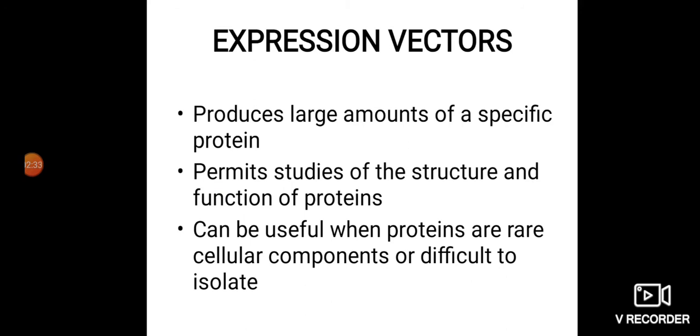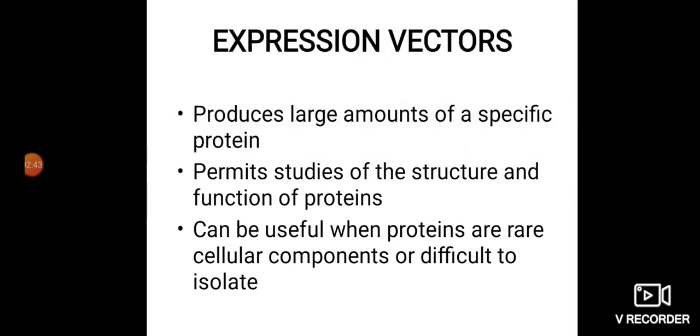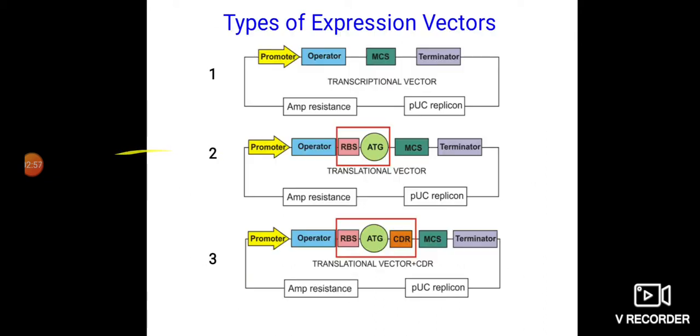The expression vectors are used to produce a specific protein in large quantity. It permits the study of structure and function of proteins, and can be used when proteins are rare components of a particular cell, or whenever it is difficult to isolate a particular protein, people use this method to produce it in large quantity.